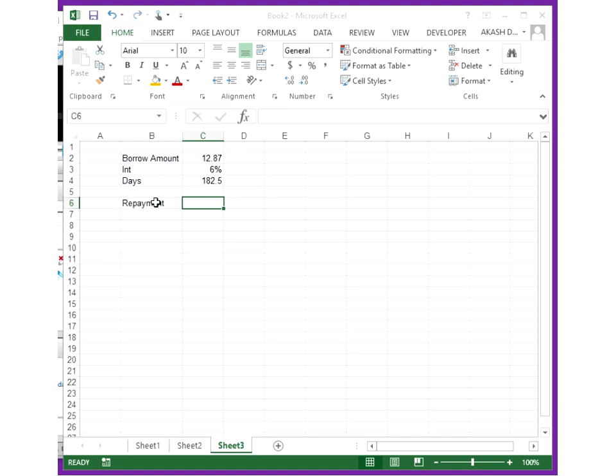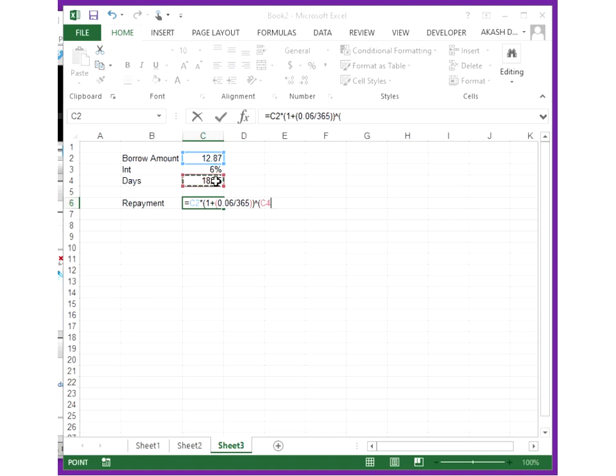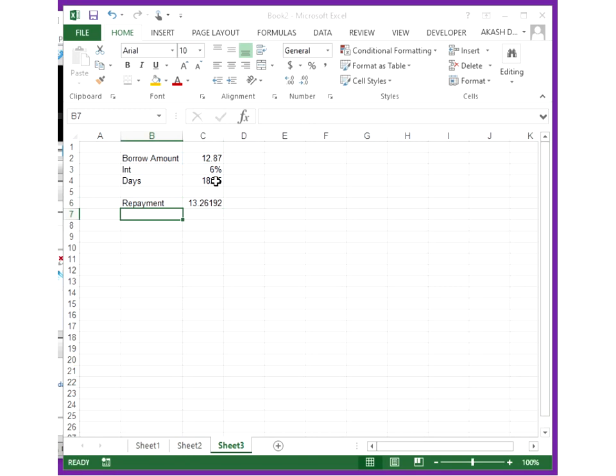And your repayment would be the present value, which is 12.87, multiplied by 1 plus R, which is 0.06 divided by 365, raised to the power t, which is 182 days.